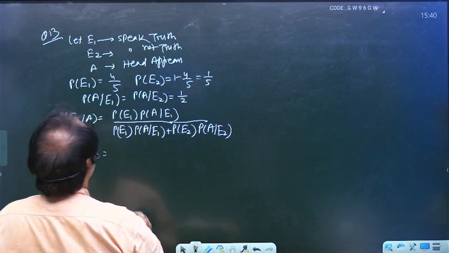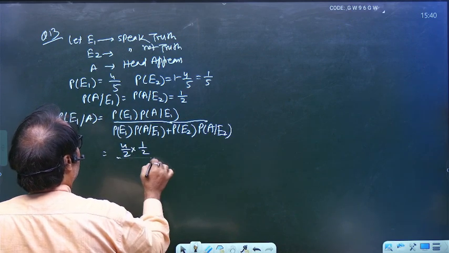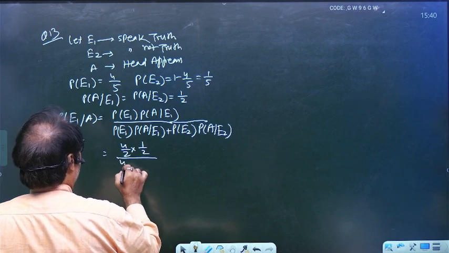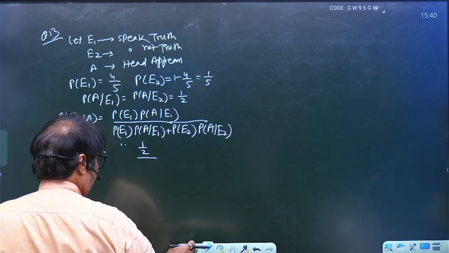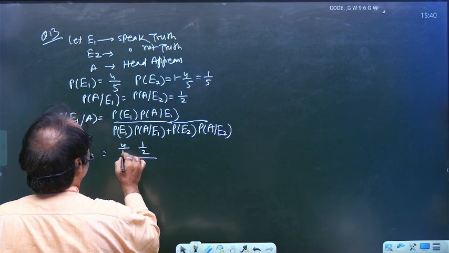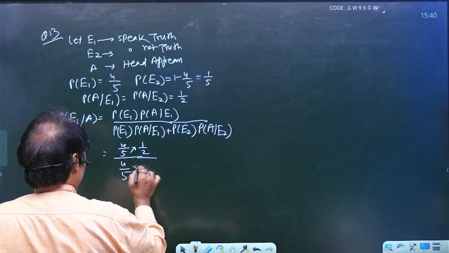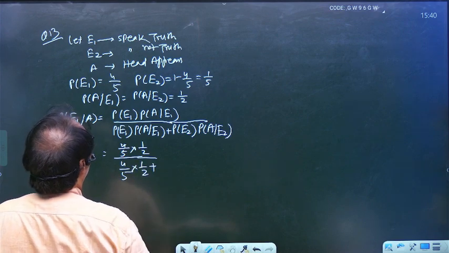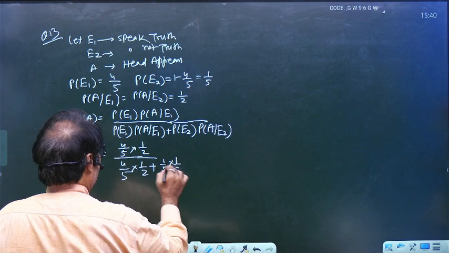So E1 is 4 by 5 and 1 by 2, 4 by 5 into 1 by 2, 4 by 5 into 1 by 2, and E2 is 1 by 5 into 1 by 2.